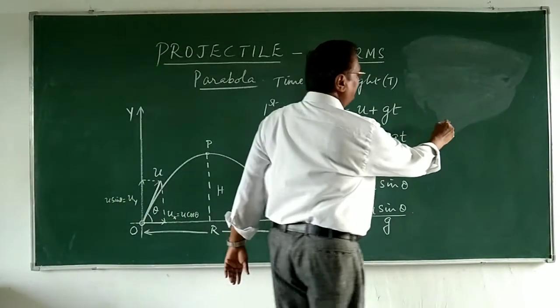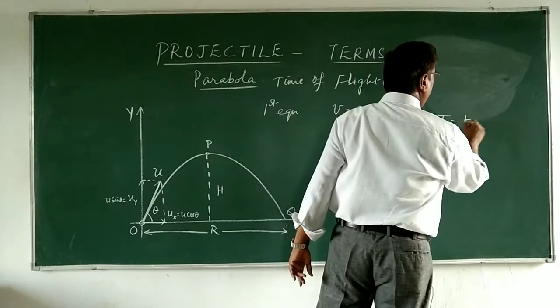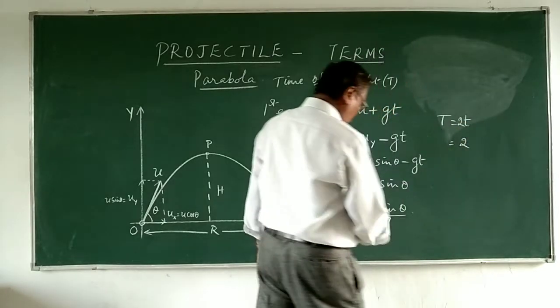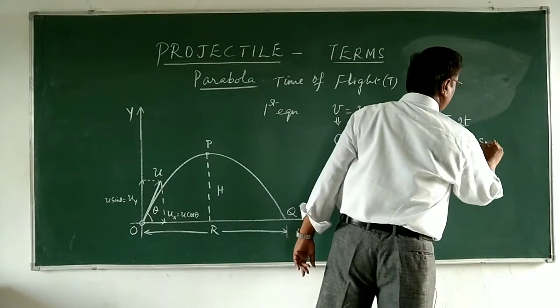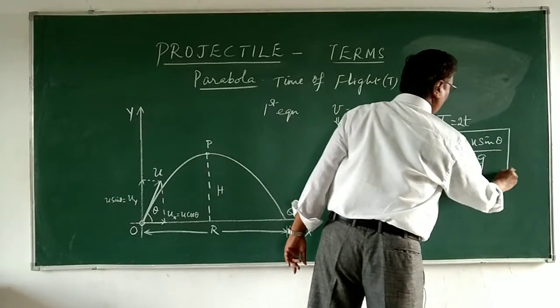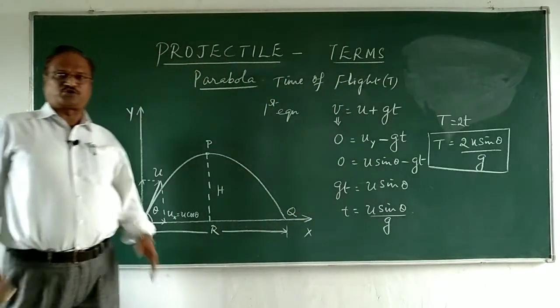So the total time taken T is equal to t plus t, which is 2 times t, equal to 2u sin theta divided by g. This is the formula for time of flight of a projectile.